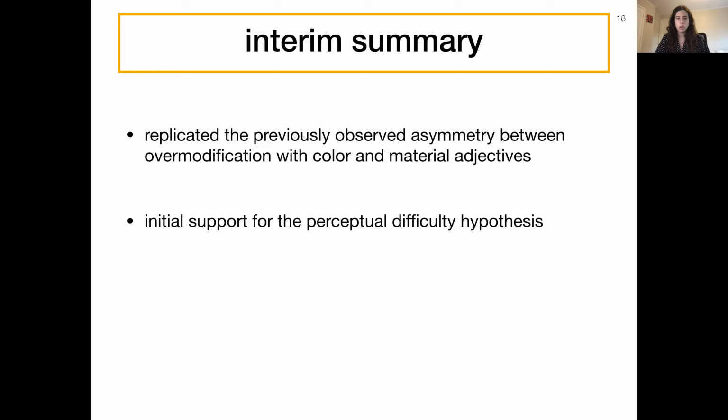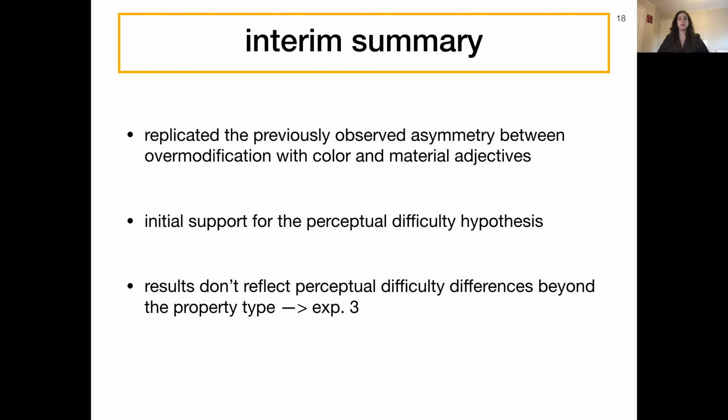We want to test a stronger version of this perceptual difficulty hypothesis, and show that it predicts redundant adjective mention even within property. So an easier to perceive material should be mentioned redundantly more frequently than a harder to perceive material. The issue here is that the small effect sizes from the first experiment mean that there's not much within property variability in perceptual difficulty that can be used for testing the hypothesis within property.